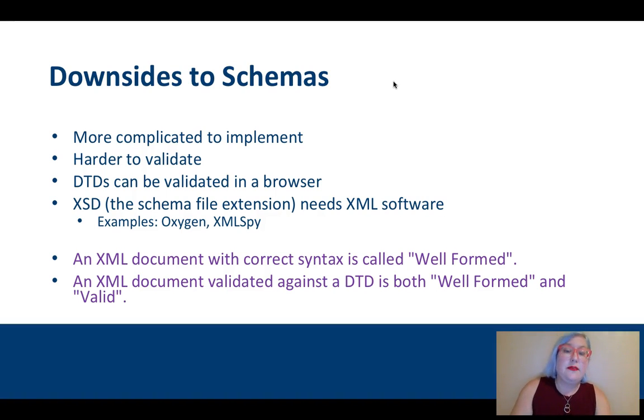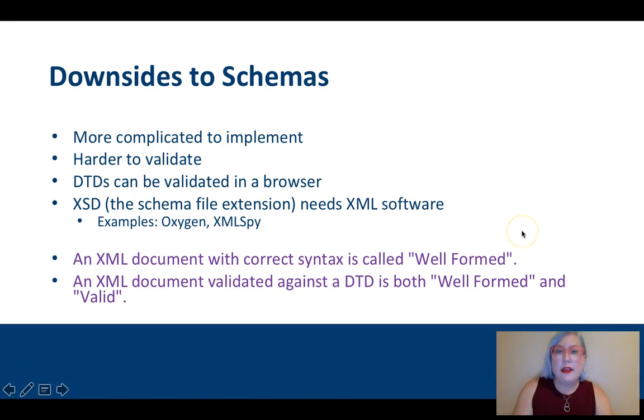Whereas DTDs can be validated in a browser, so it's a little bit more convenient, right? But the things you're able to do with schemas are much more flexible and expansive, and that's the value of using XML schemas rather than DTDs.